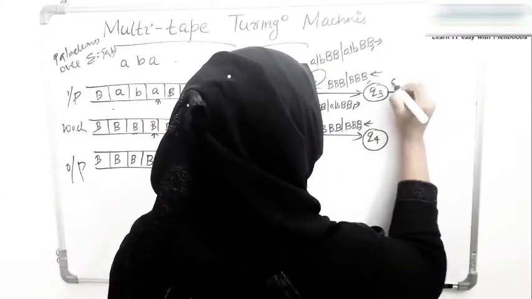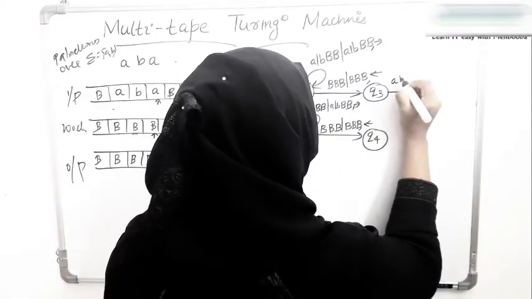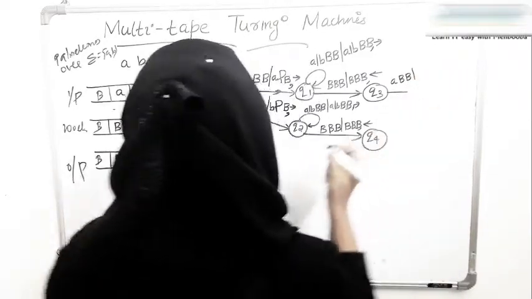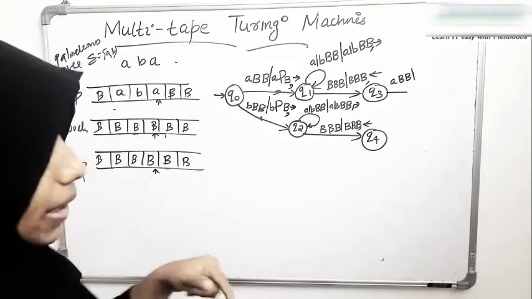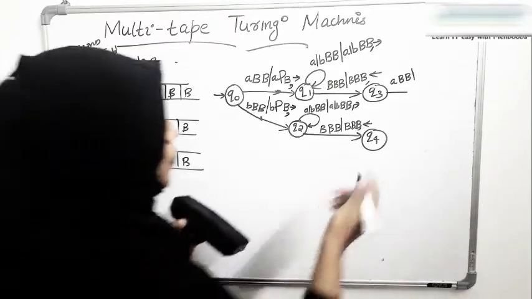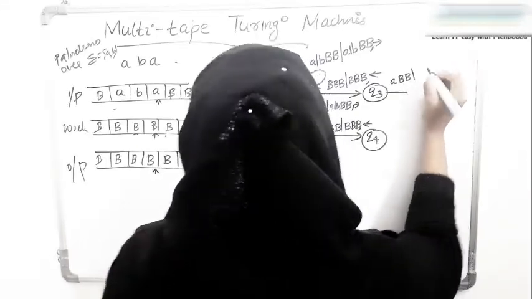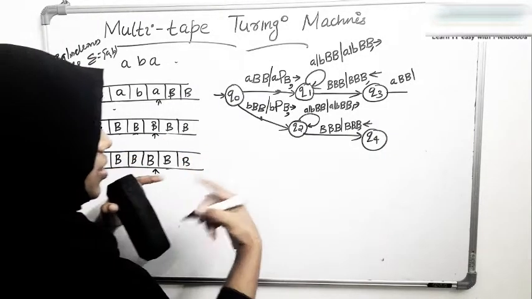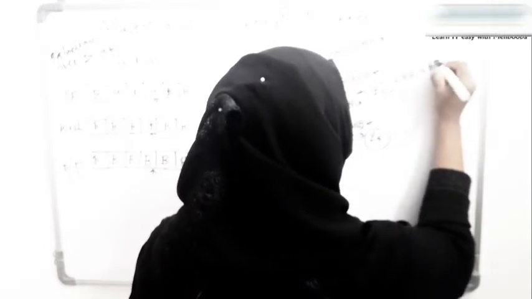That is A in the first tape, then B in the second tape, and B in the third tape. In that case, what we will do is we will just move to the left. That is, we will keep them as it is, ABB.